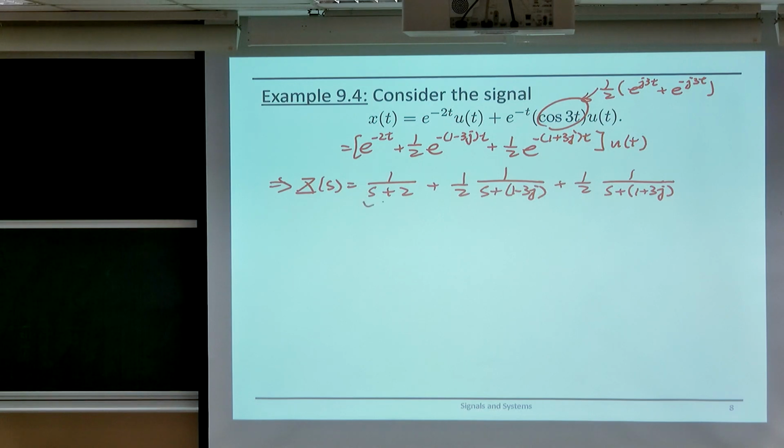Now, each term has its different region of convergence. For this one, the real part of s must be greater than minus 2. For this, the real part of s must be greater than the real part of a, which is minus 1. And for this, the real part of s must be greater than the real part of a, which is, again, minus 1.